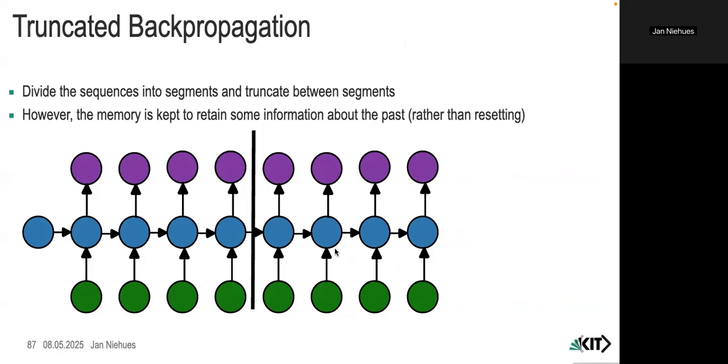So the forward pass is done completely, but the backward pass is truncated. Of course, you can't then learn dependencies between these long things directly, which is why you need some outputs in between, but it's just computationally no longer possible to do both, and that's why people try to address it in this way.